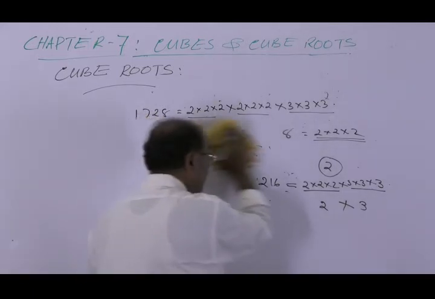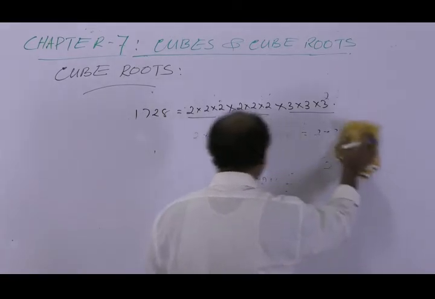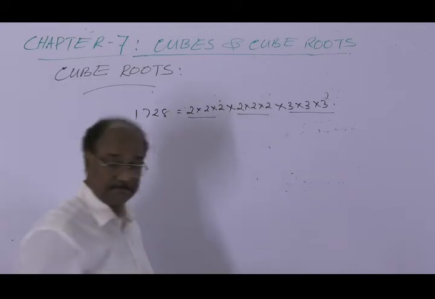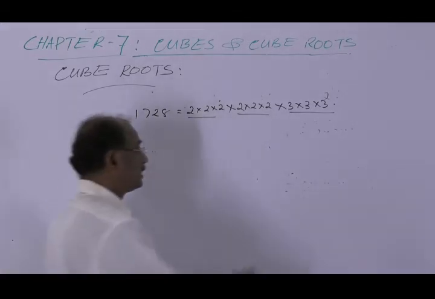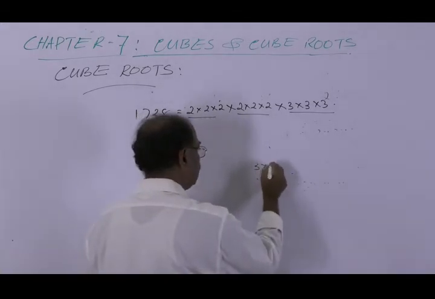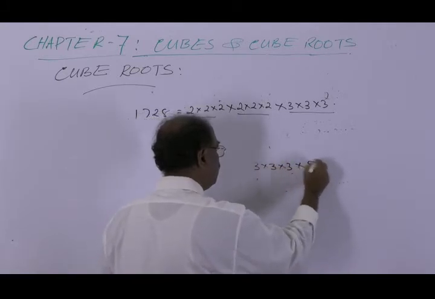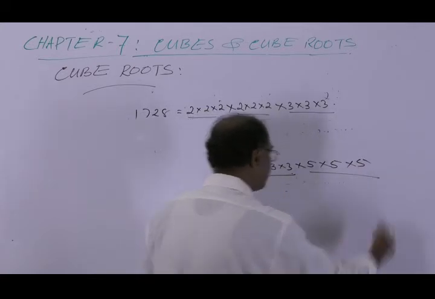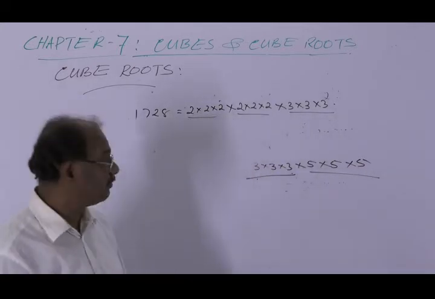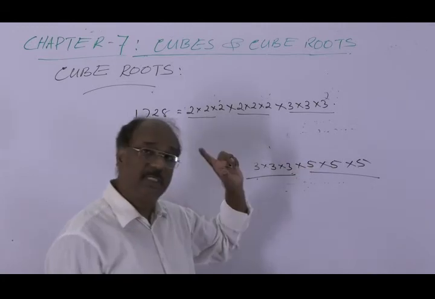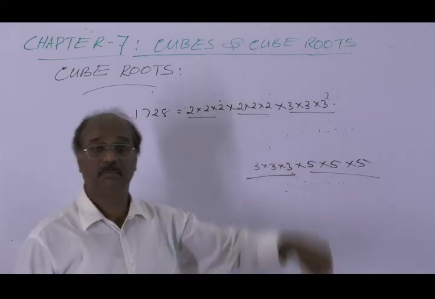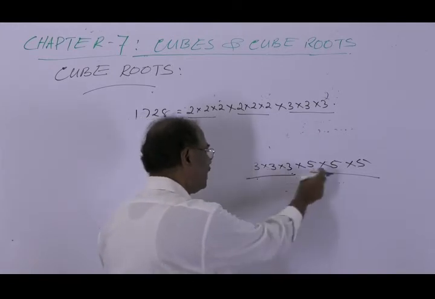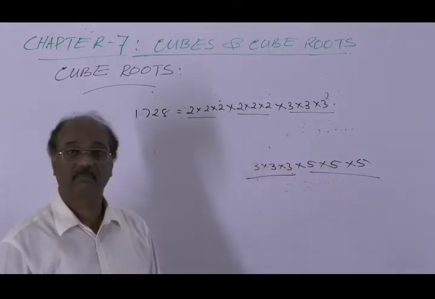And again, one result you have to remember. In a cube, the different prime factors will occur in triples. Therefore, consider this, say 3 into 3 into 3 into 5 into 5 into 5. These two prime factors occur in triples, and therefore this product will be a perfect cube. And the cube root will be 3 into 5, which is 15.